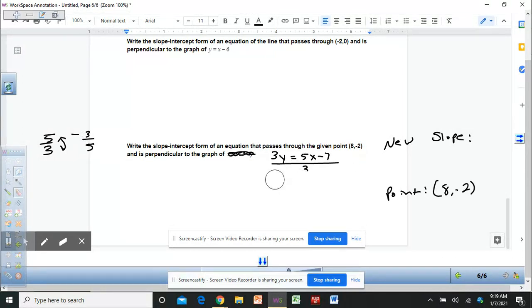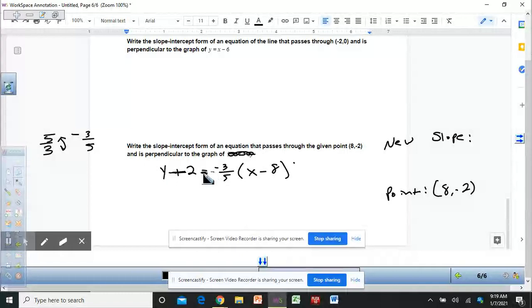Okay. So now I can start plugging in. Y minus my y value equals my slope times x minus my x value. And this isn't going to be a fun one.